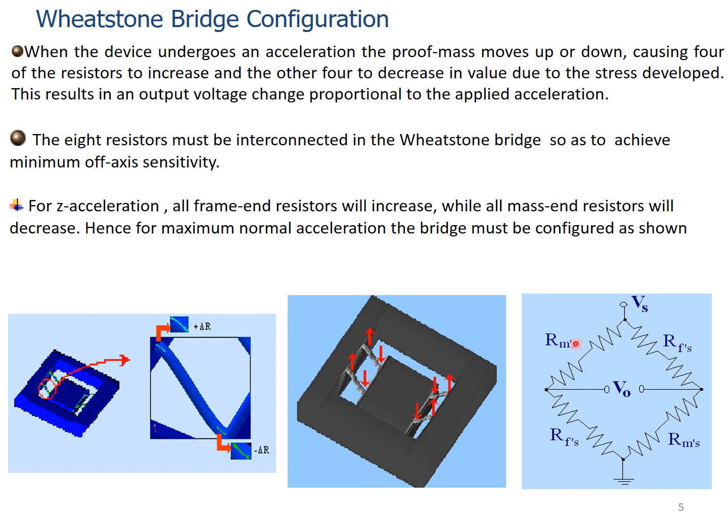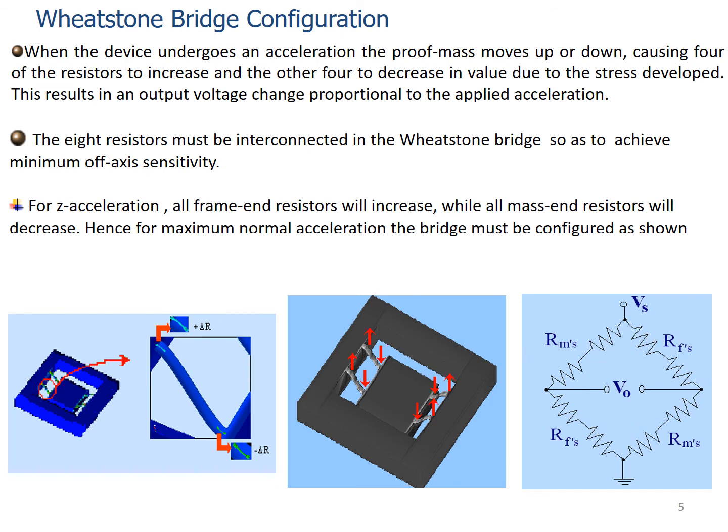So 2 mass sides will be in this arm, whereas another 2 mass sides will be in this diagonal arm. They will show you a decrease in resistance, whereas for the frame side Rf, here we will put 2 frame side piezoresistors, and in its diagonal we will put another 2 frame side piezoresistors, and this will be the Wheatstone bridge configuration.